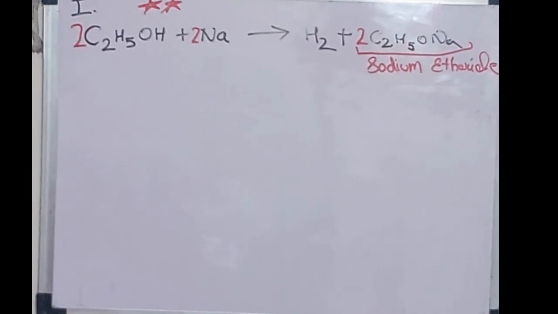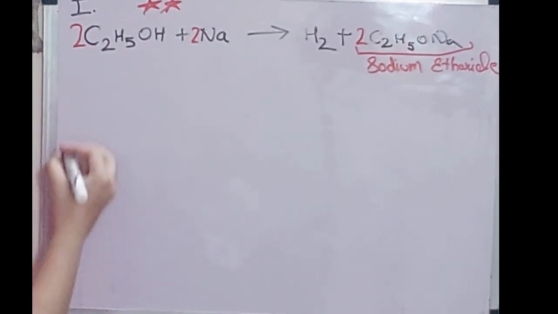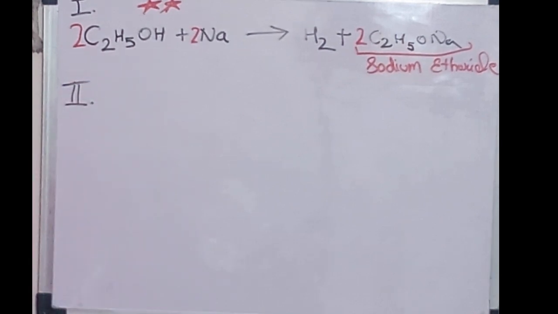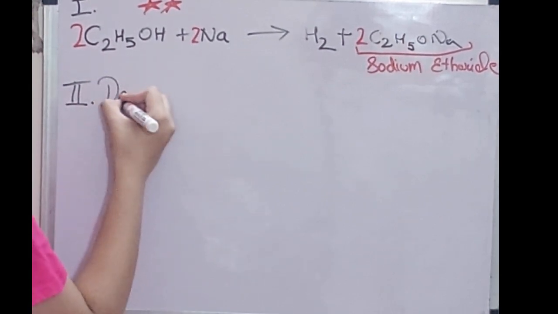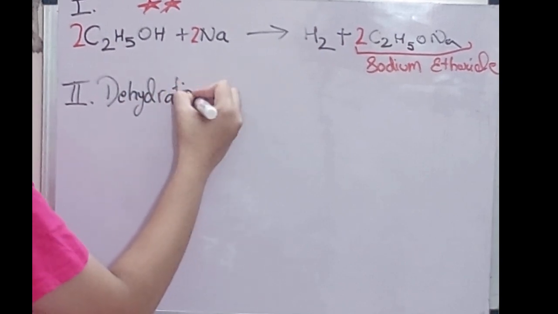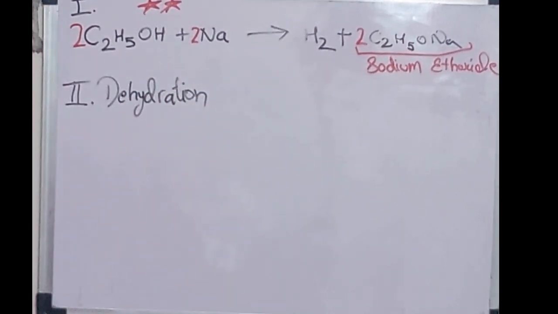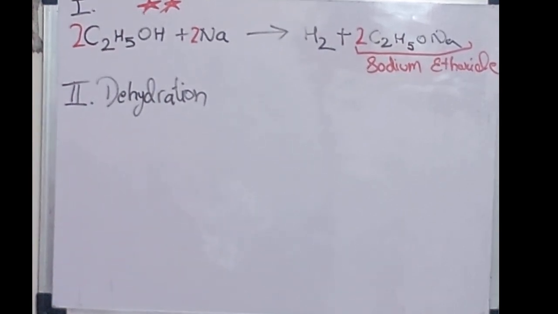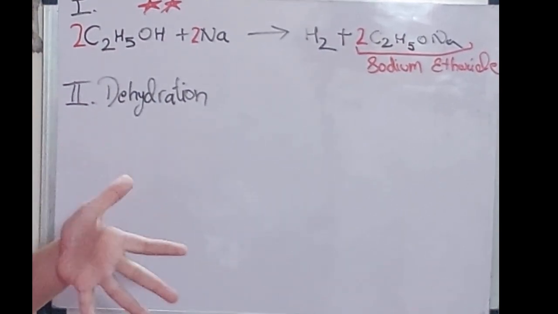This one is clear. Now moving to the second reaction. Second reaction was dehydration. You can do the equation for alcohol reacting with sodium simply if you have studied the chapter chemical reactions and equations.